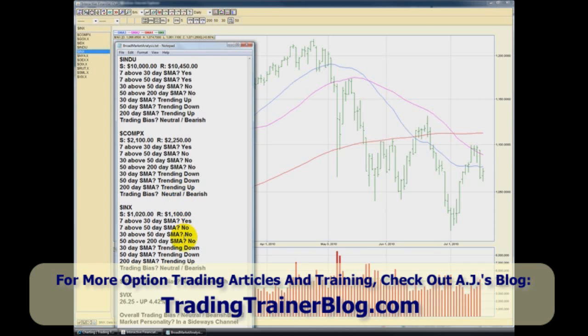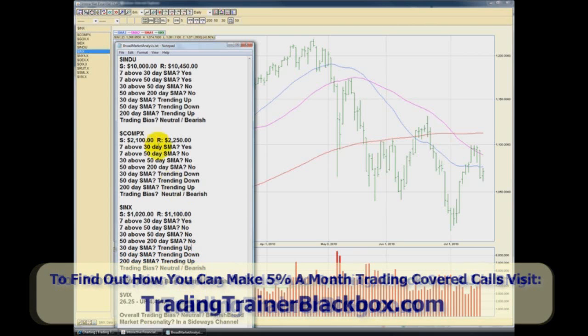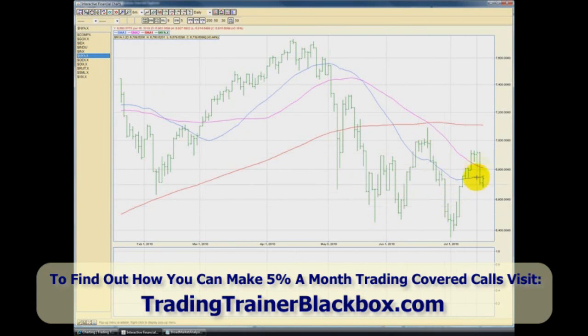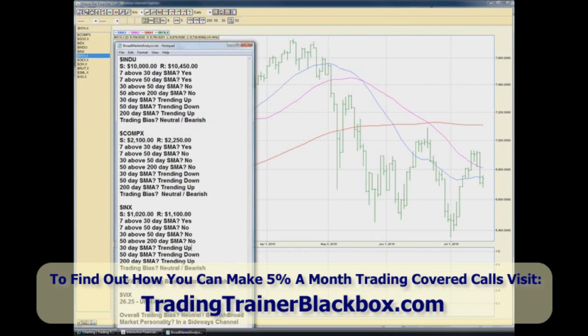The 30 is not above the 50. The 50 is not above the 200. The 30-day is trending up. The 50-day is trending down. The 200-day is trending up. Neutral bearish. New York Stock Exchange Composite Index: we've got that same sideways choppy pattern. Going to stick with that neutral bearish.